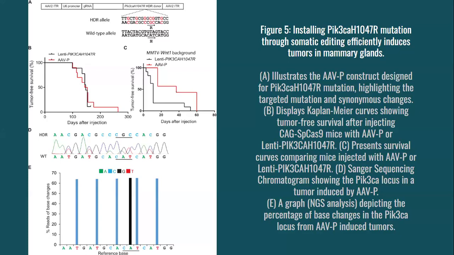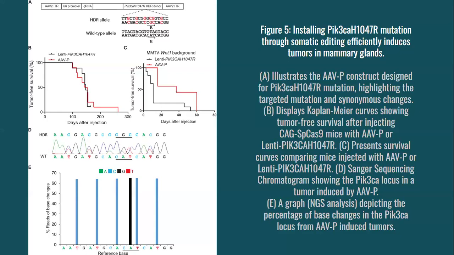So the red line shows that AAV drops more quickly than the black line. This indicated that the mice receiving AAV vector developed tumors faster and more frequently than those receiving the lentiviral vector. So this further confirmed that the newer model was better.